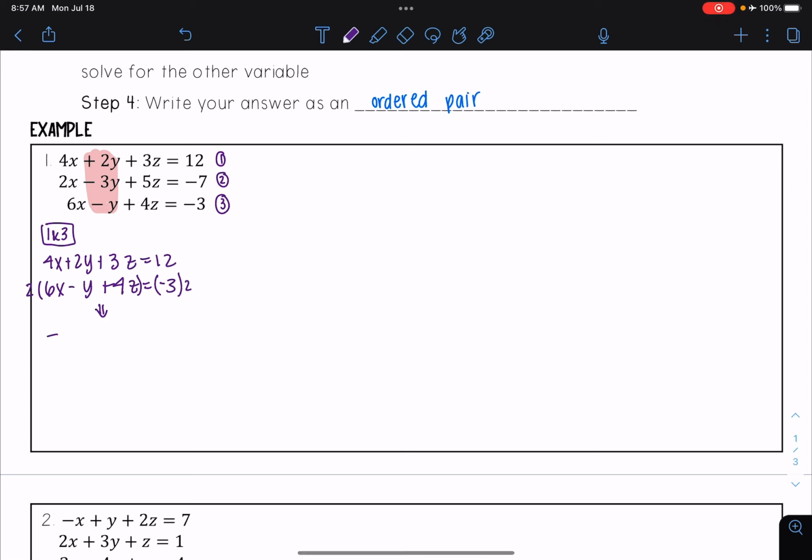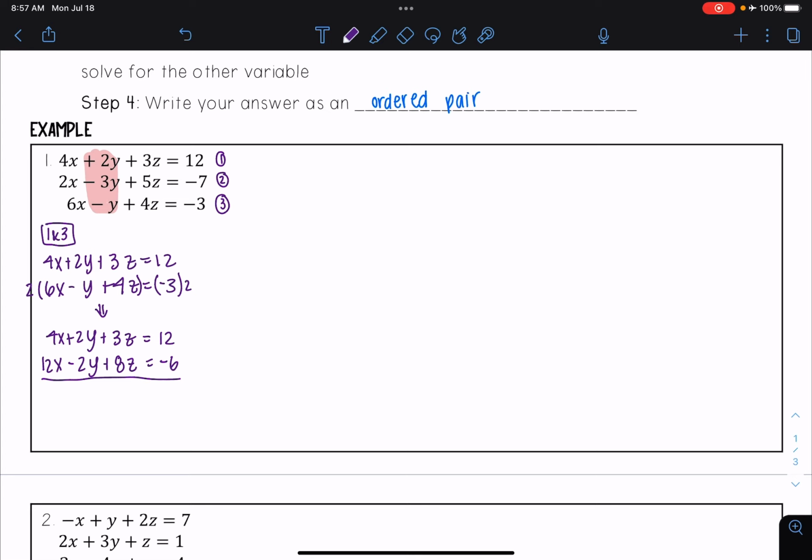So when I do that, I have 4x plus 2y plus 3z equal to 12. When I multiply 2 in, I get 12x minus 2y plus 8z equal to negative 6.